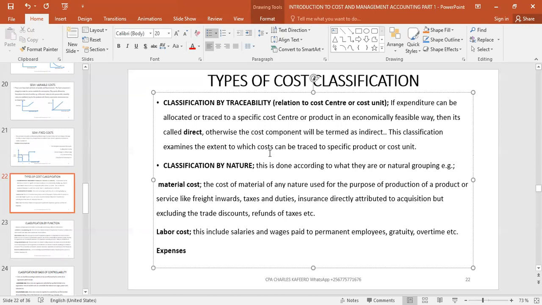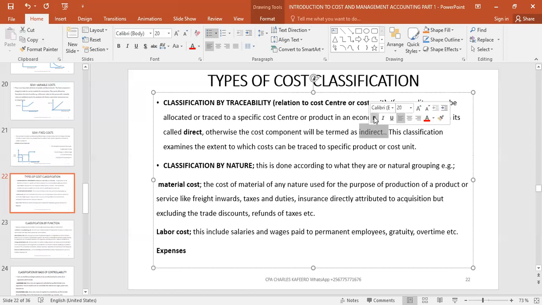We've said classification by traceability is how we can trace the costs we've incurred on a particular product or in a particular department or process. If we cannot trace those costs directly to the product, then they are called indirect costs.